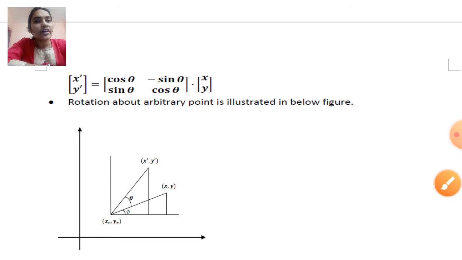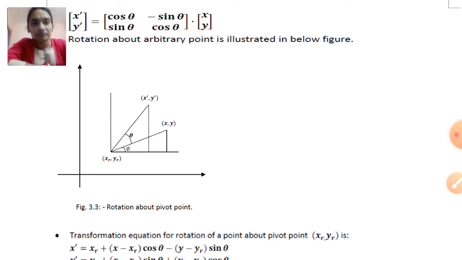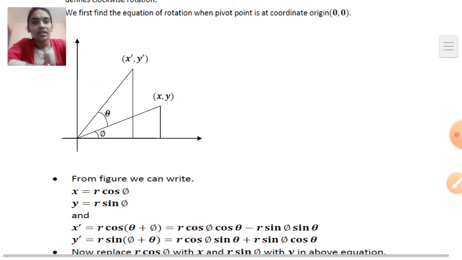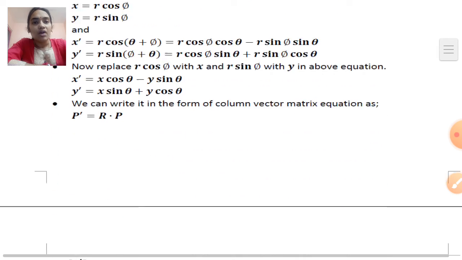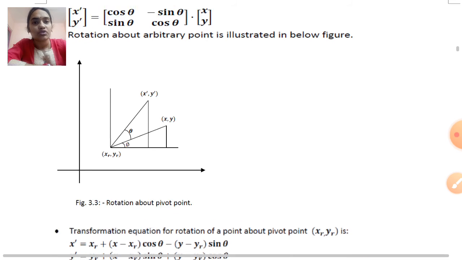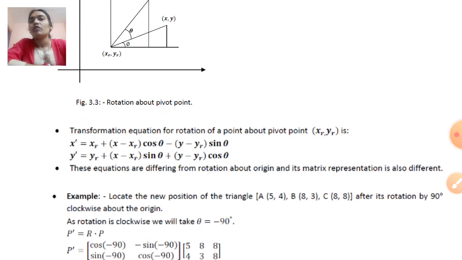The rotation about an arbitrary point is illustrated in the below figure. That means the starting position is in the above figure, and now it can move to here. The arbitrary point, that means the point (x, y), also moves to the (xr, yr) position. Okay. The rotation about a pivot point.